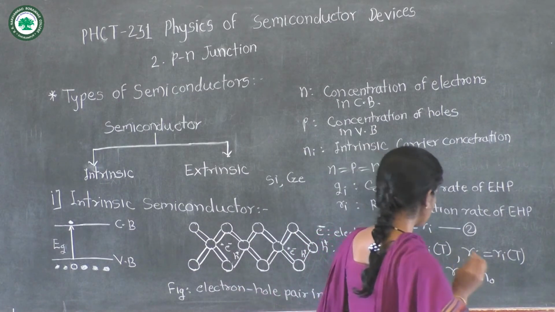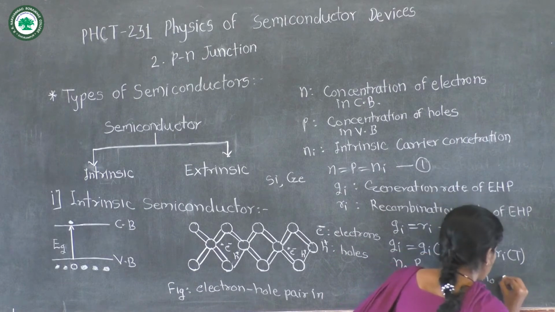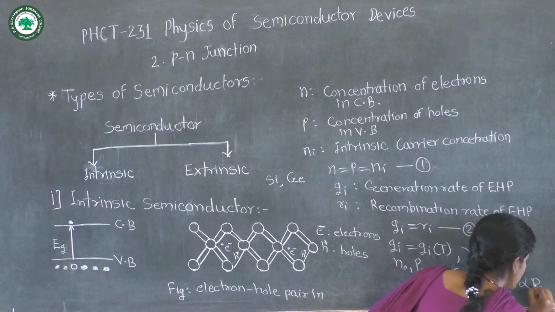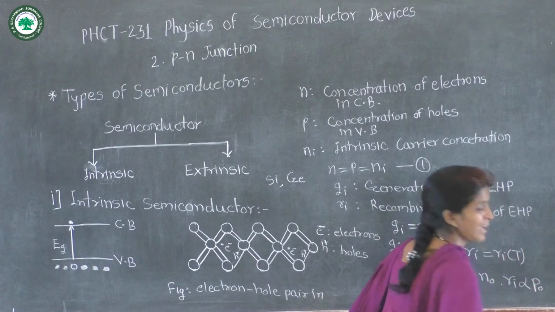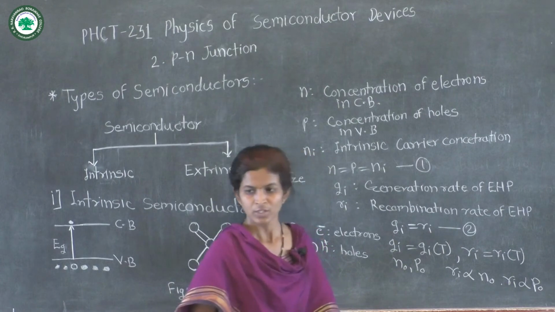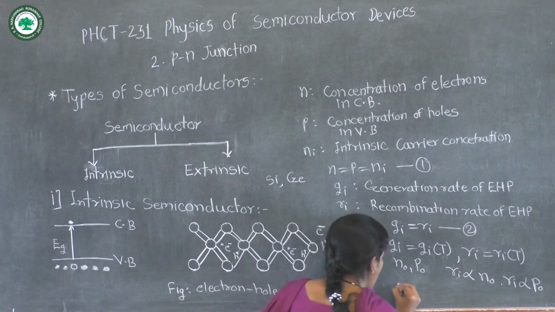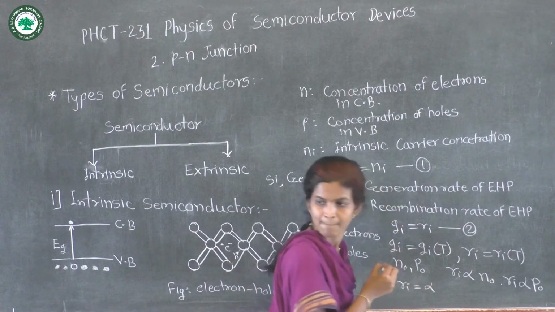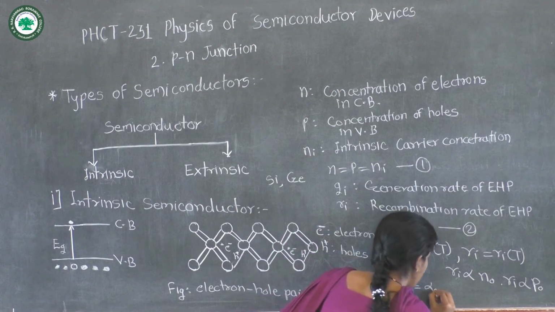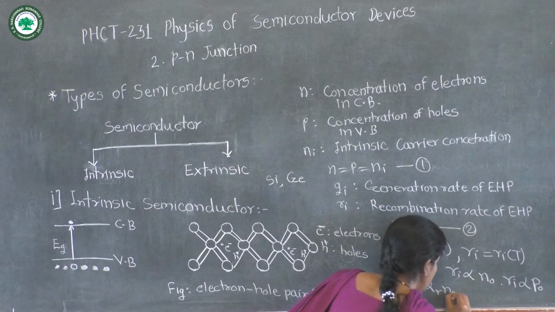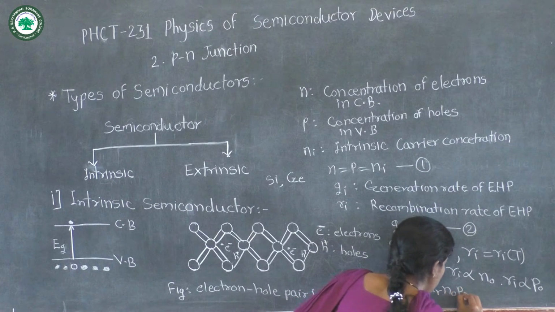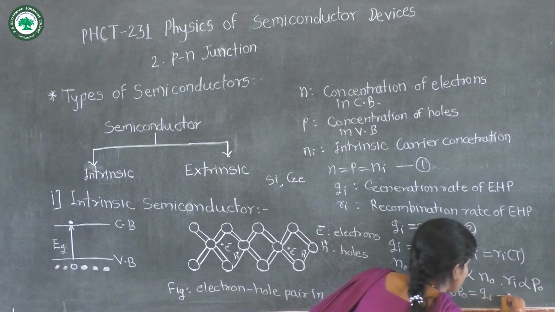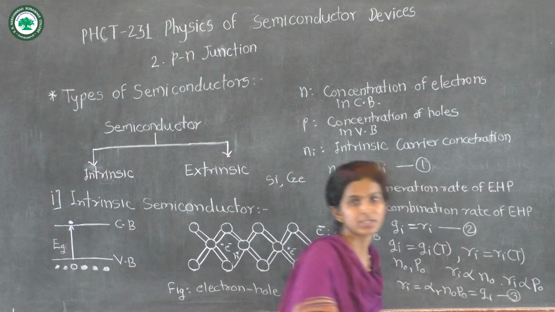Also, this recombination rate will be proportional to P0, that is the hole concentration at thermal equilibrium. So one may write Ri equal to alpha R N0 into P0, which is equal to Gi. This is equation number 3.